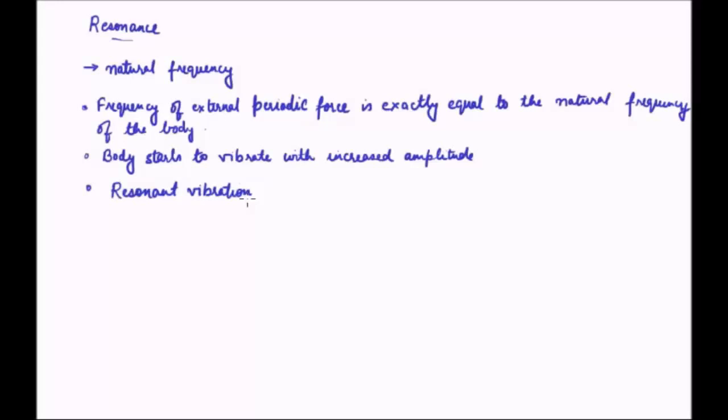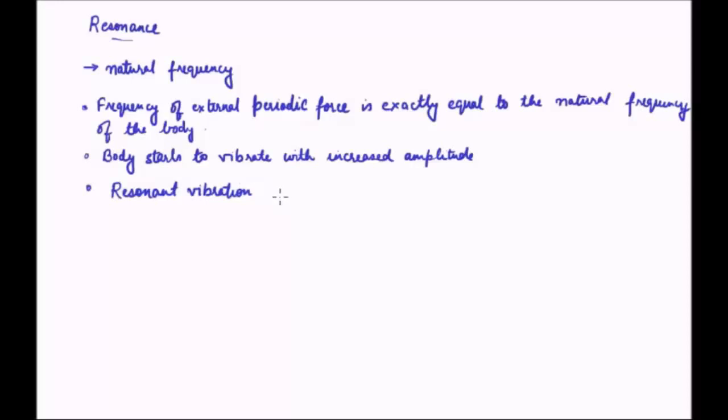Now let us discuss some properties of resonance. We have already seen the definition and what is happening. Some of the properties of resonance are: first, the external periodic force frequency should be equal to the natural frequency. Second, amplitude is very large. That is a consequence of resonance.